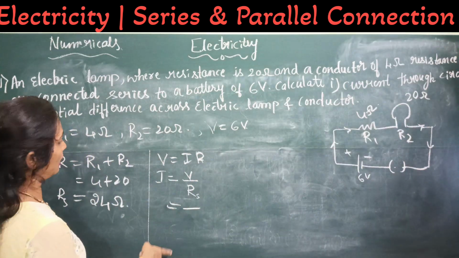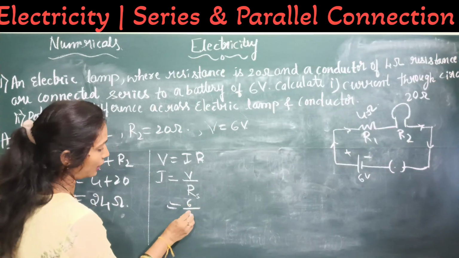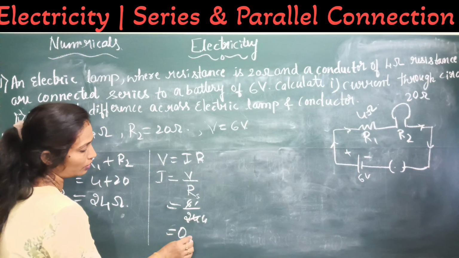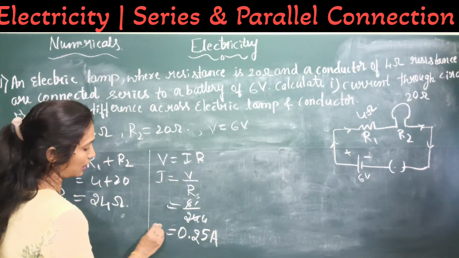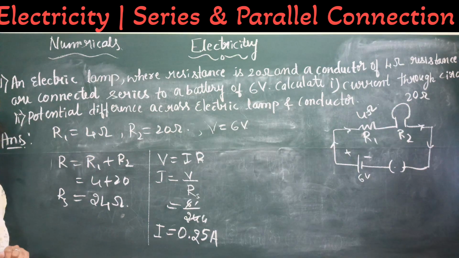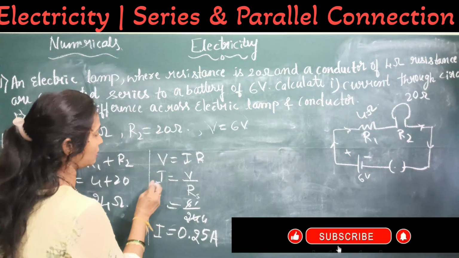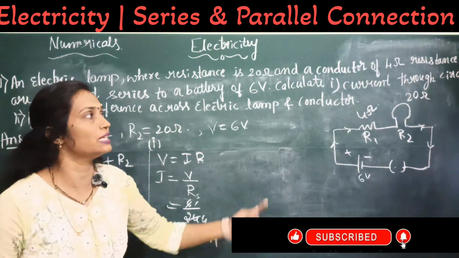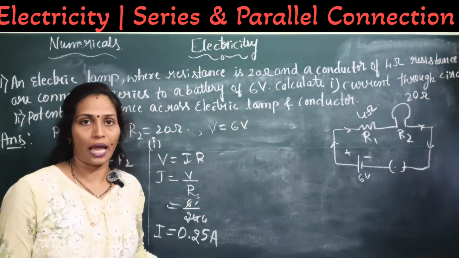V divided by R, so 6 divided by 24. 6 ones are 6, 6 fours are 24. It is about 0.25 ampere. This I is 0.25 ampere. This is the first part, whatever they are asking, we solve that one, how much current is passing through the circuit. This is about 0.25 ampere.